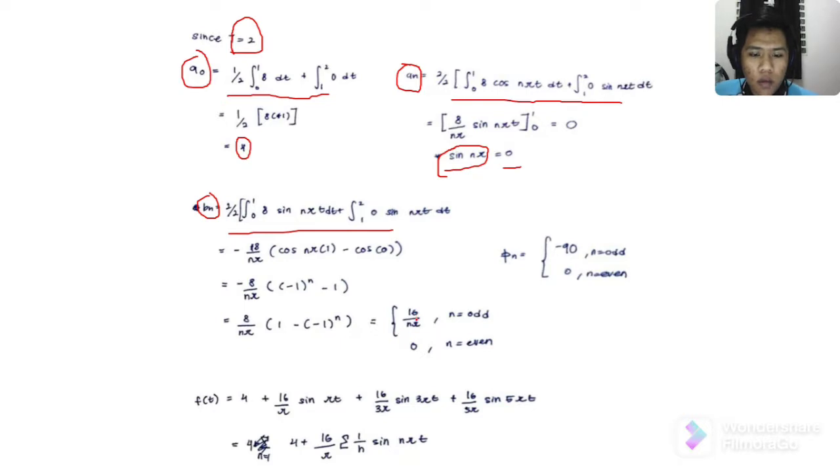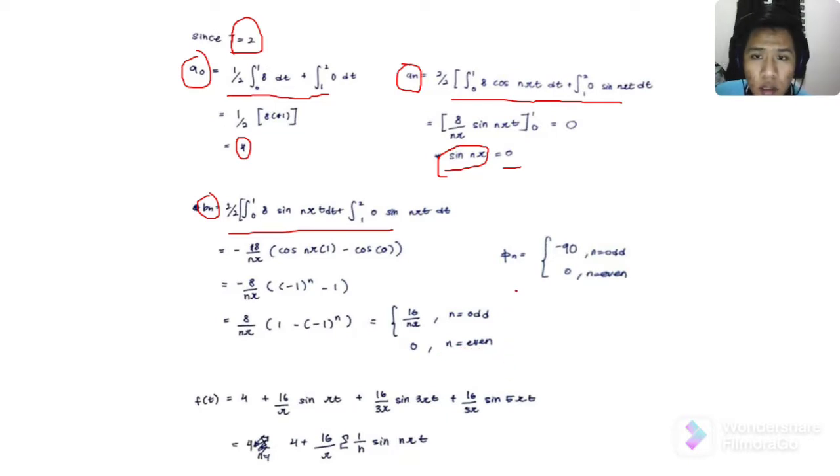where for Bn, the value is 16 over n pi when n is odd, and the value is 0 when n is even.